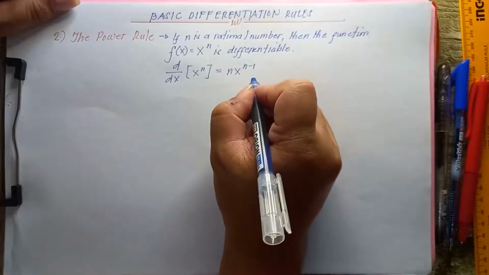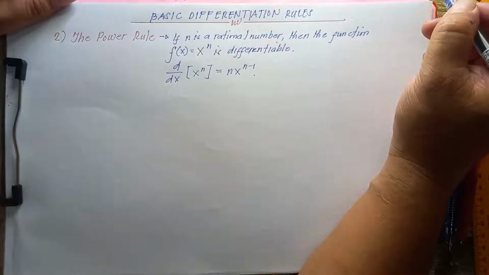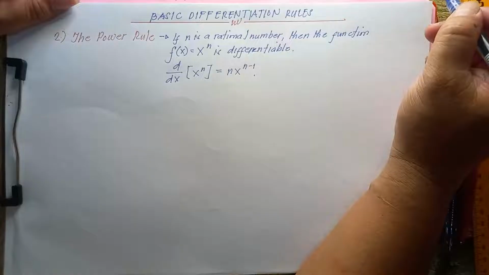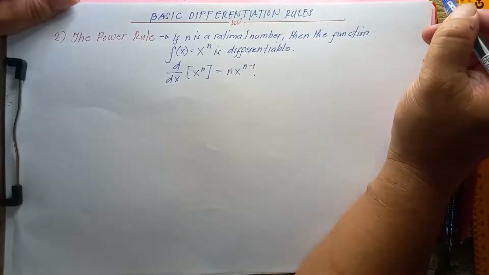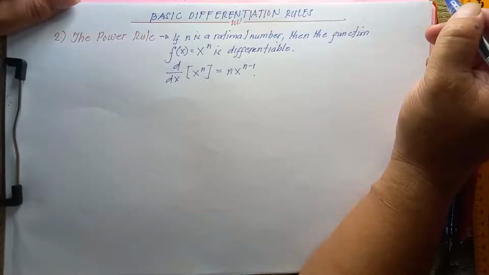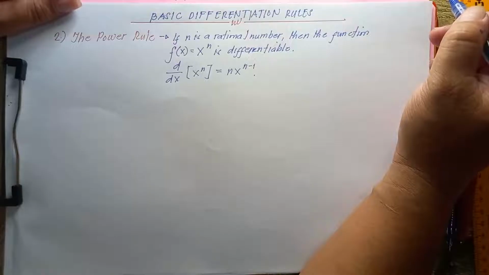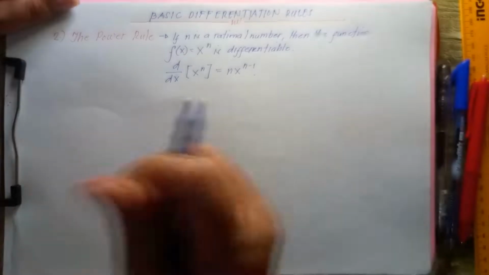Okay, so that is the derivative of a given function. Now, for the function to be differentiable at x equal to 0, n must be a number such that x raised to n minus 1 is defined on an interval containing 0. Okay, so that is the meaning.